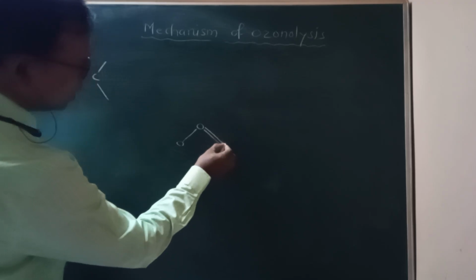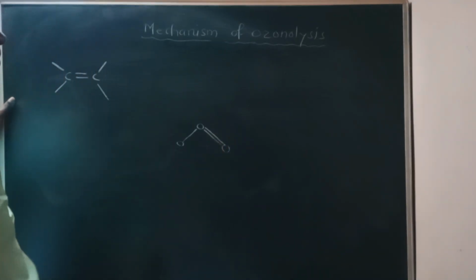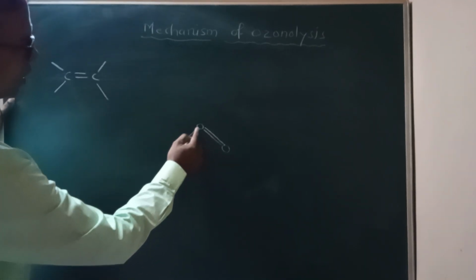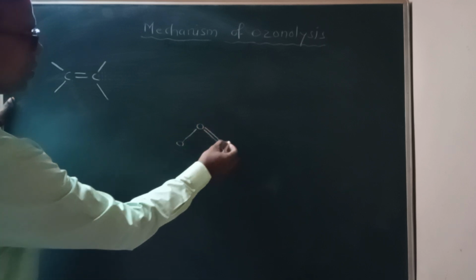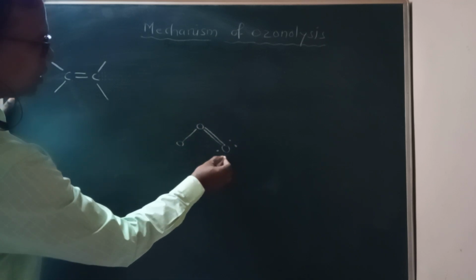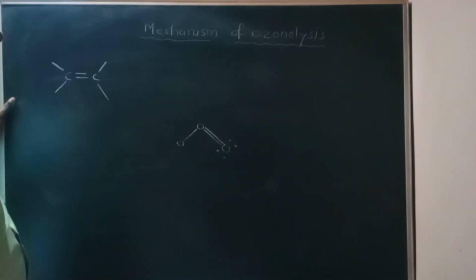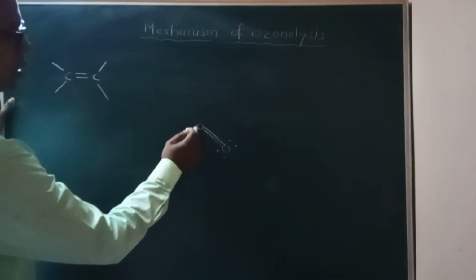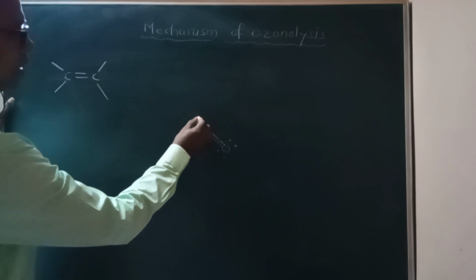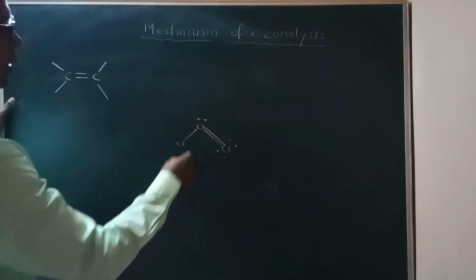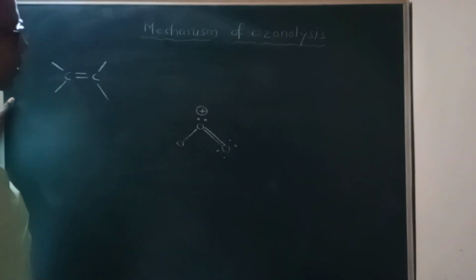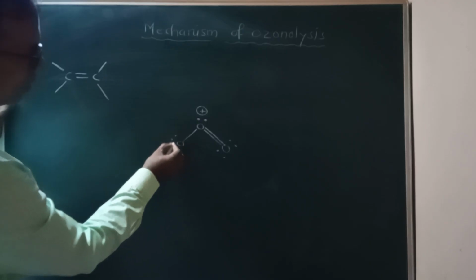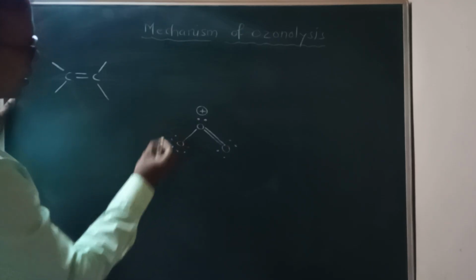Two of the oxygens are doubly bonded with each other, and this oxygen is triply bonded, meaning the valence of this oxygen is 3. We know that a doubly bonded oxygen always contains two unshared electron pairs. As here the valence of oxygen becomes 3, it carries only one lone pair, and due to the absence of that one unshared electron pair, it carries a positive charge, and a singly bonded oxygen always carries 3 unshared electron pairs.